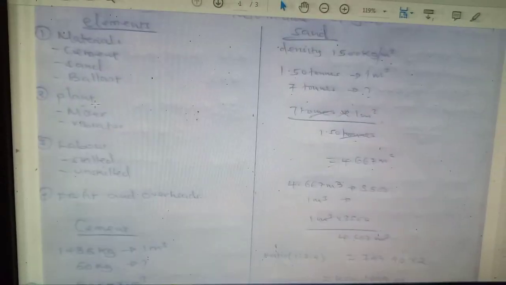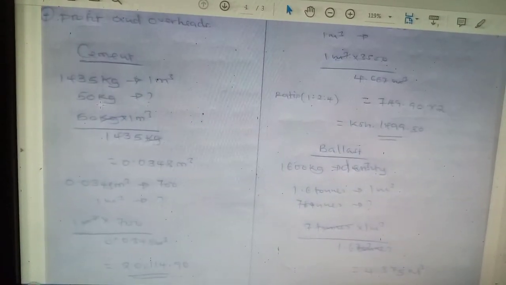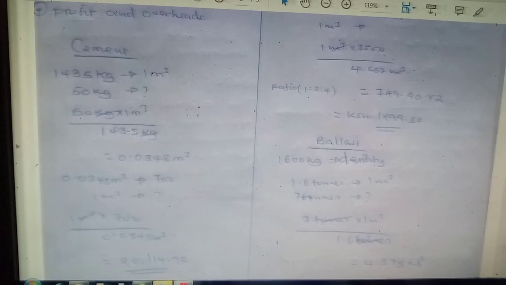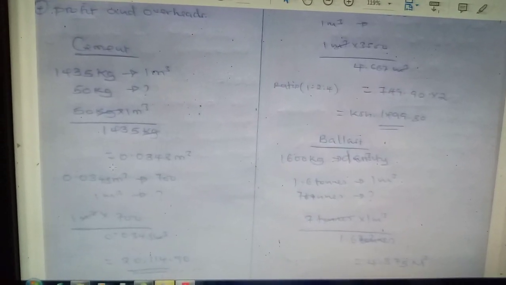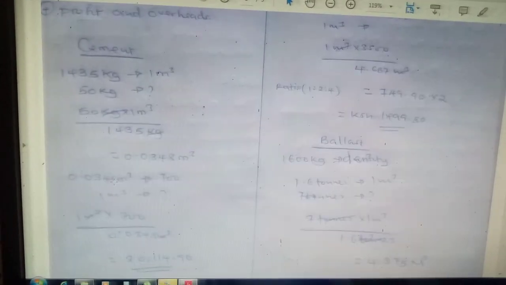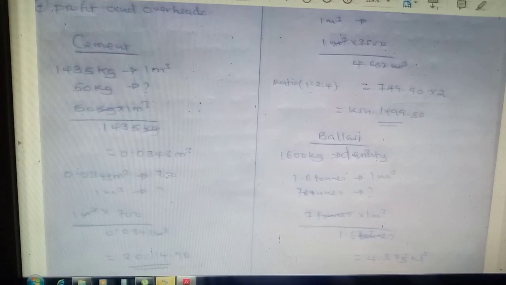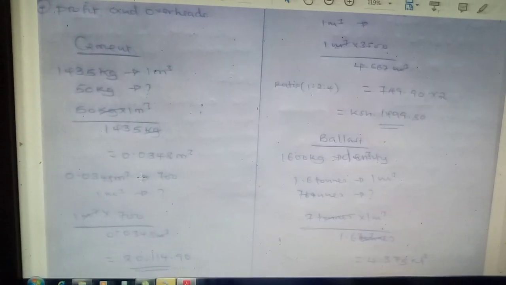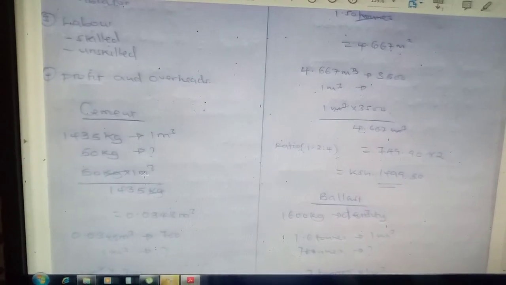Remember, a bag of cement is 50 kgs. So a 50 kg bag will be 0.0348 meter cube. We were told that the bag costs 700 shillings. You now say that 0.0348 meter cube is equal to 700 shillings. What of 1 meter cube? We need to calculate our rate per meter cube, then we'll later convert it to per meter square, as the question has directed us.